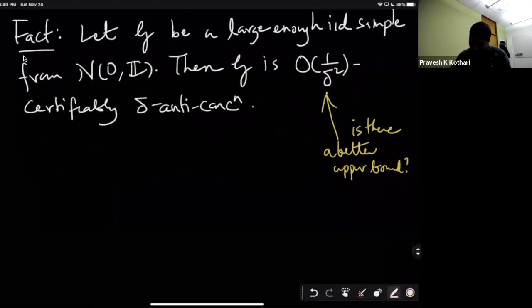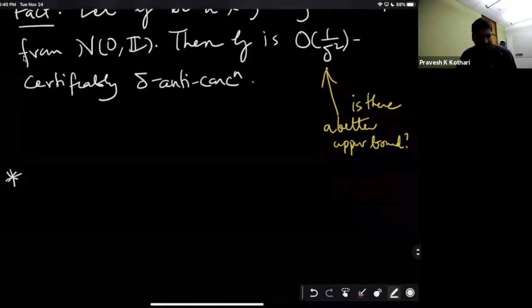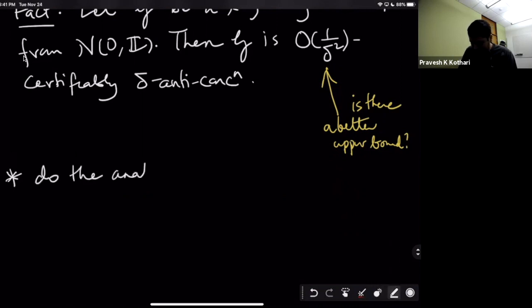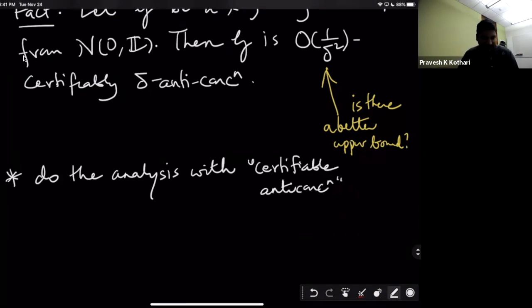Now, okay, good. We have formulated this, but let's quickly try to see at a high level how the rest of the algorithm is going to function. What I haven't told you still is how the analysis proceeds with the certifiable anti-concentration. So what I have to now show you is a way to do the analysis instead of the anti-concentration property that we used earlier.